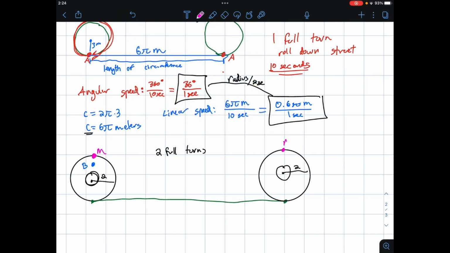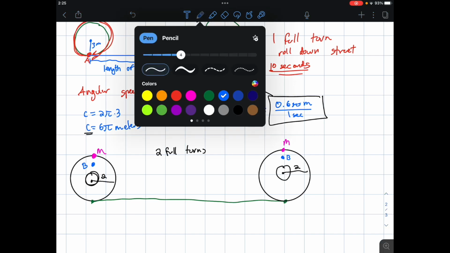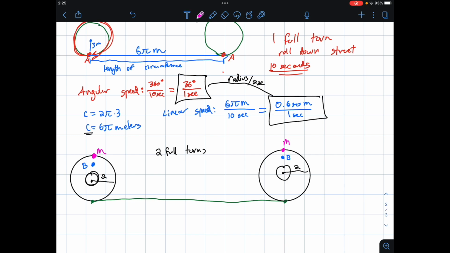Point M makes it back to the top, and point B makes it back to the top, which is quite delightful. Now, point M covers a distance from here to here, as does point B.